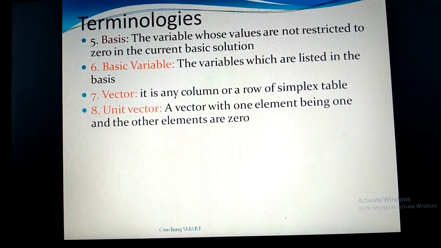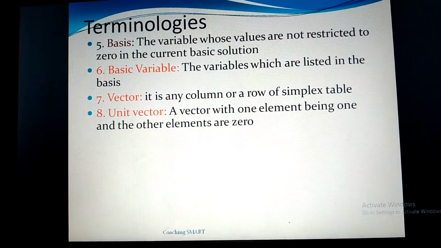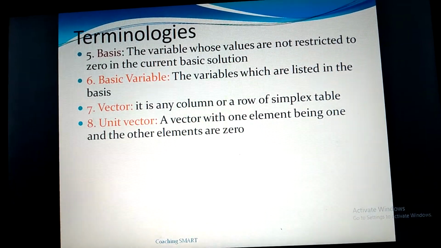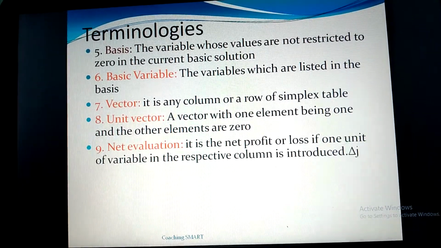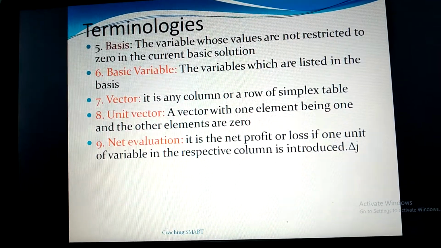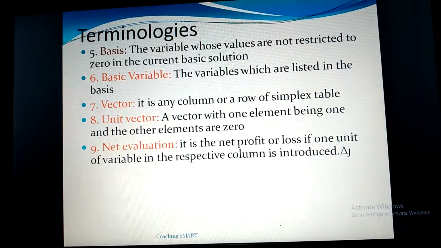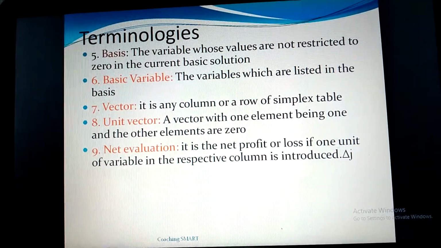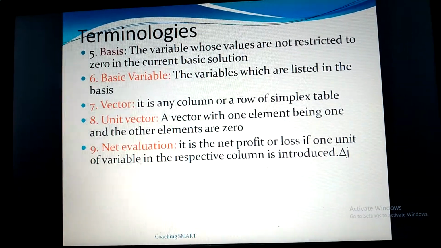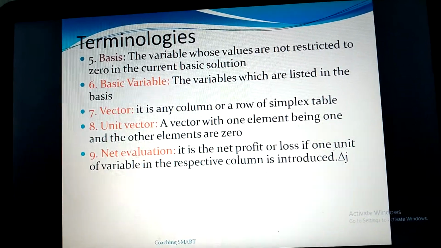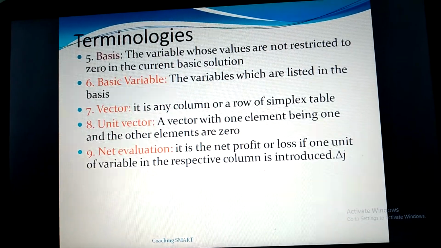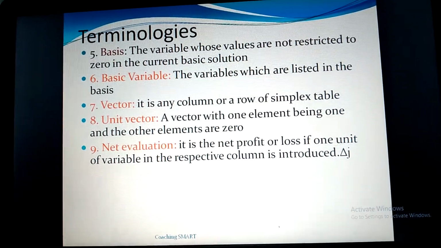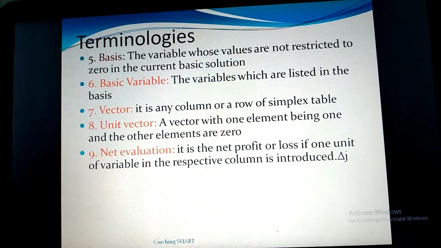Unit vector, a vector with one element being 1 and the rest of the elements being 0. Net evaluation is the net profit or loss when one unit of a variable in the respective column is introduced, and the symbol is change in J.